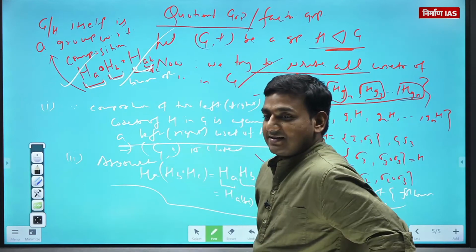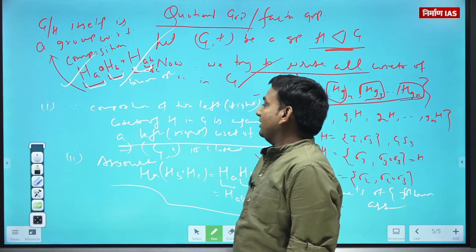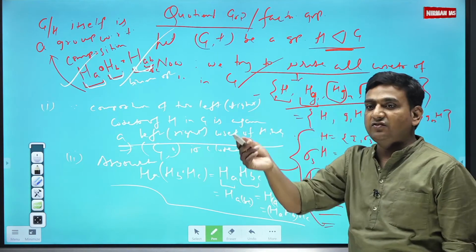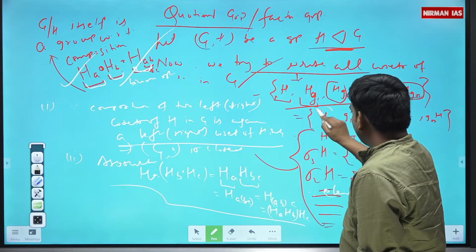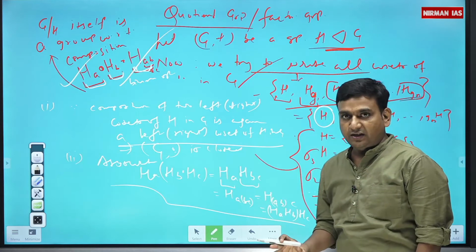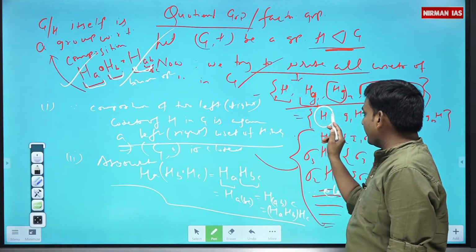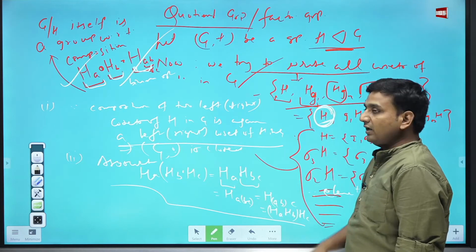Okay. One more thing, you guys tell me, when I write cosets of H in G, then H also will appear as a coset, because the elements of H will generate H only.